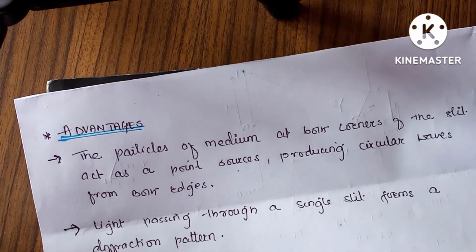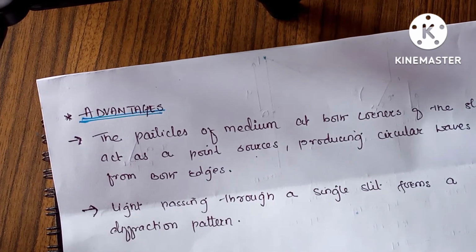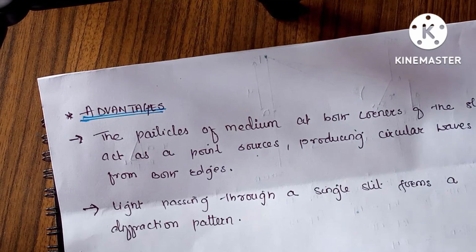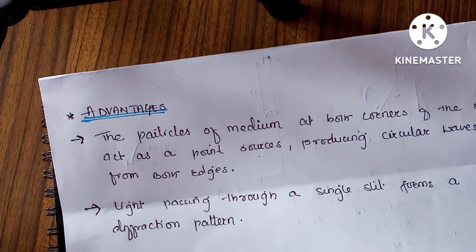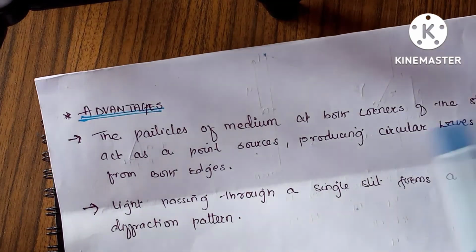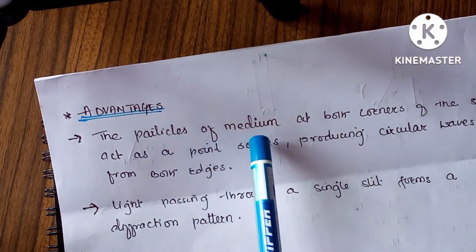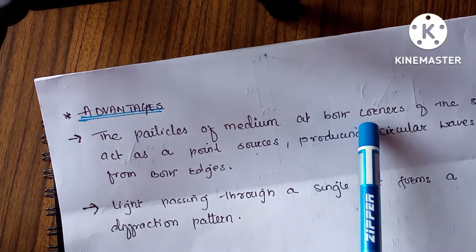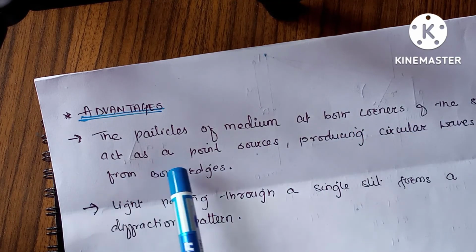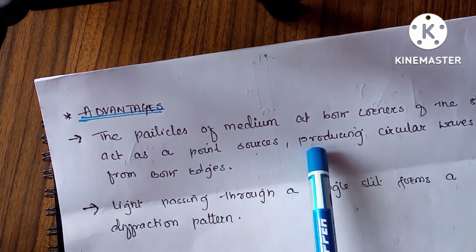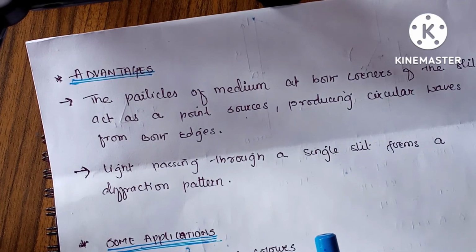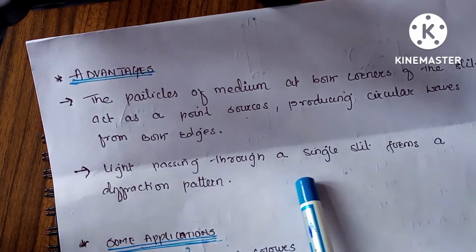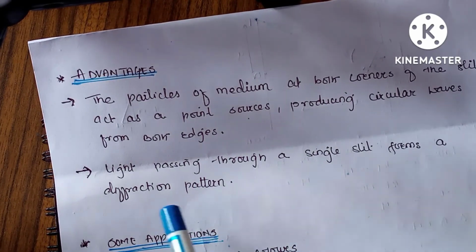Now we will see some advantages of diffraction. As we already got the general formulas, we are going for the advantages. Point 1: the particles of the medium at both corners of the slit act as point sources, producing circular waves from both edges. Point 2: light passing through a single slit forms a diffraction pattern.